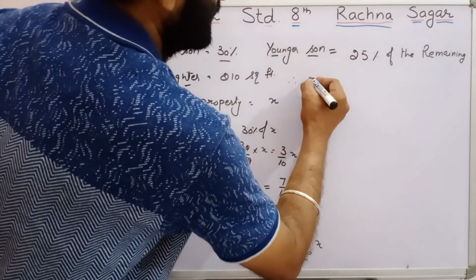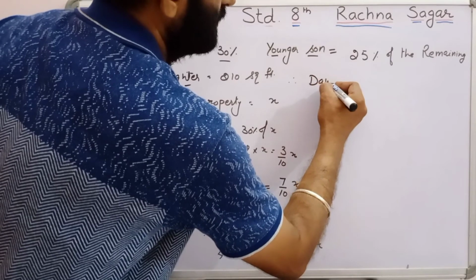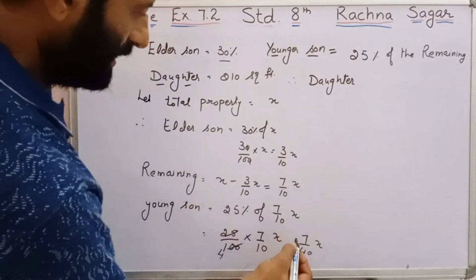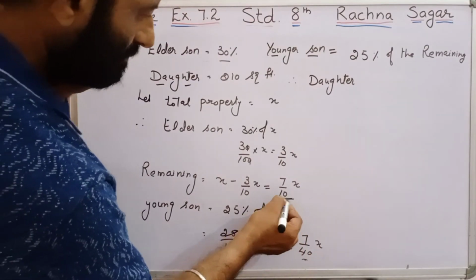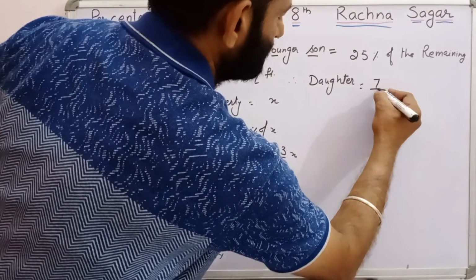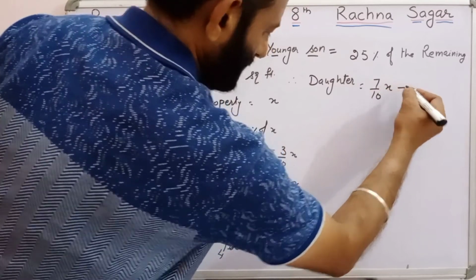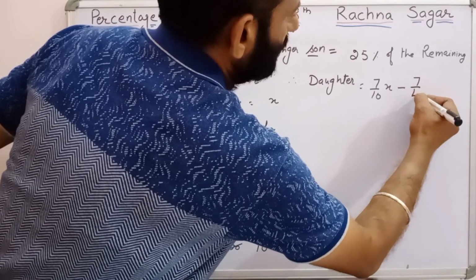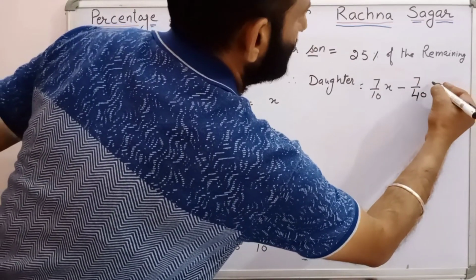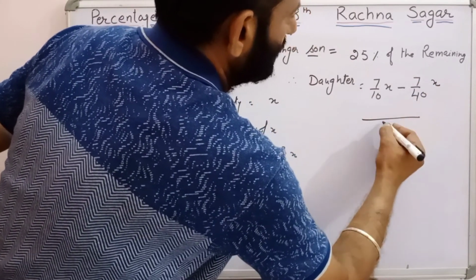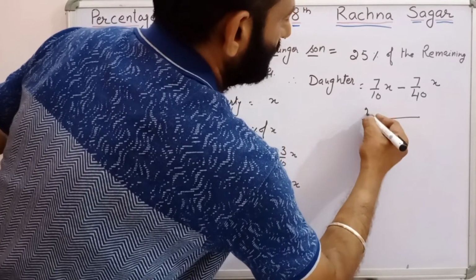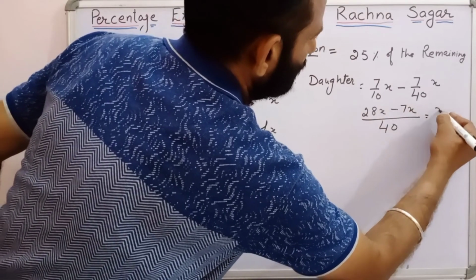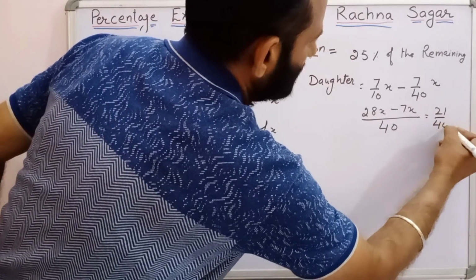Therefore, property received by daughter is 7 by 10x minus 7 by 40x, because this is the property got by the younger son, and the daughter receives 28x minus 7x is equal to 21 over 40x.